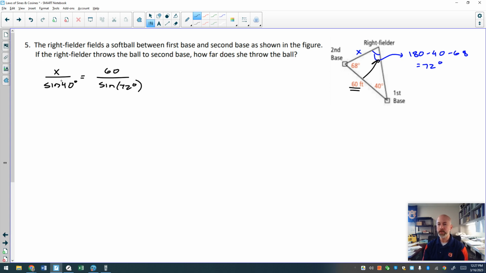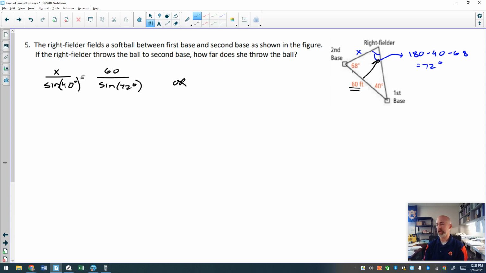And then just a quick point regarding the law of sines. As we have set it up, we have been putting the side length over sine of the angle every time. It turns out that it is perfectly okay if you want to put the sine on top. Sine of 68, well, you can't do 68 because we don't have the opposite side.